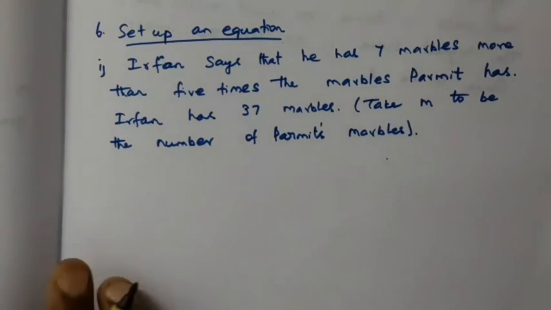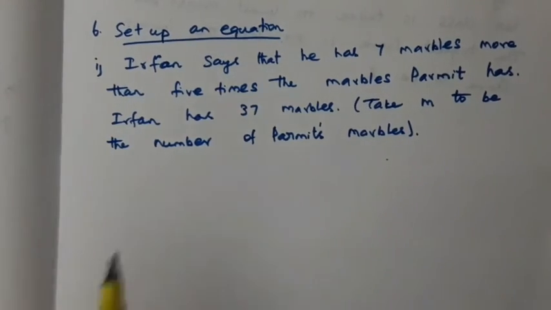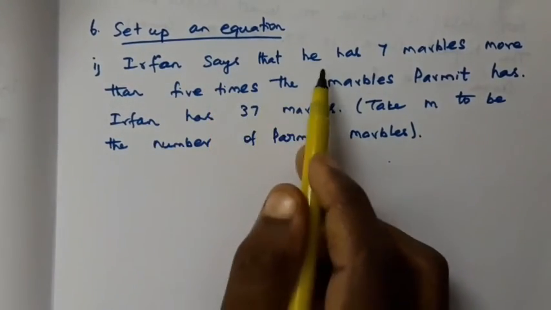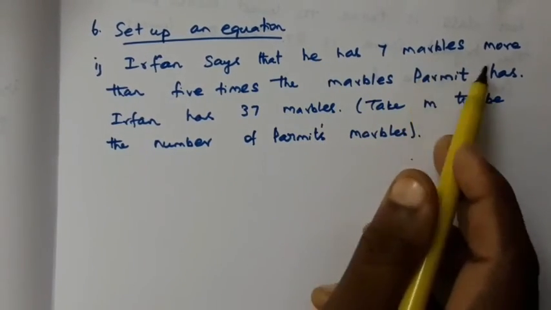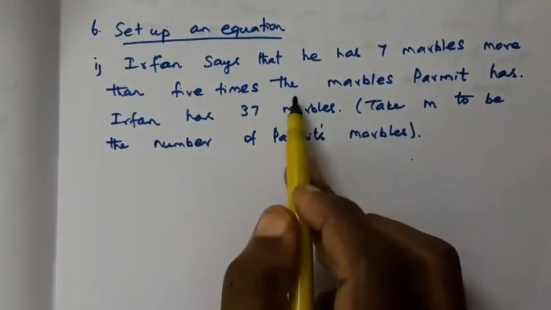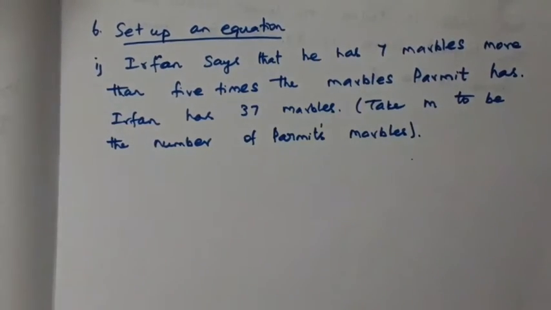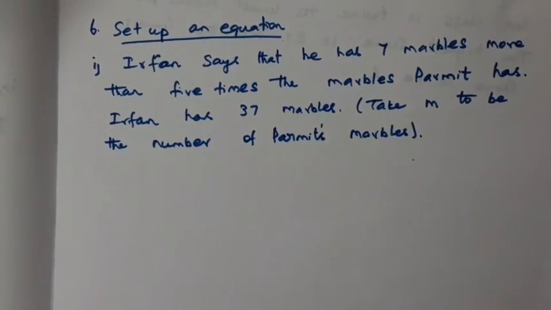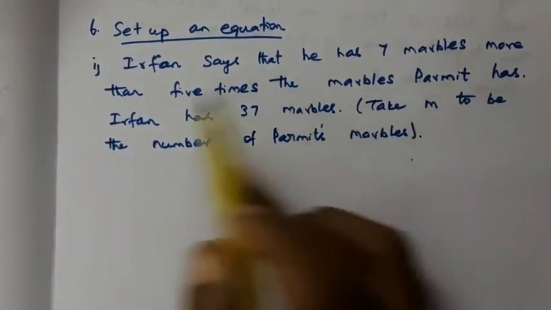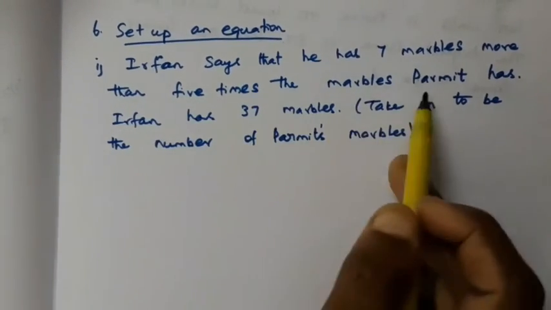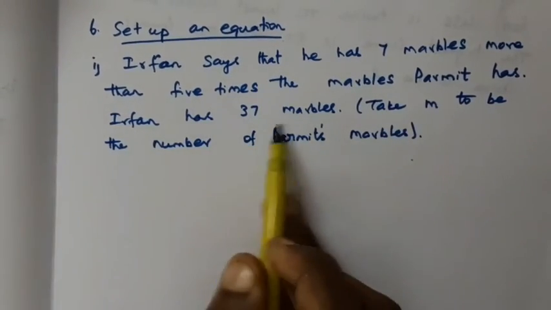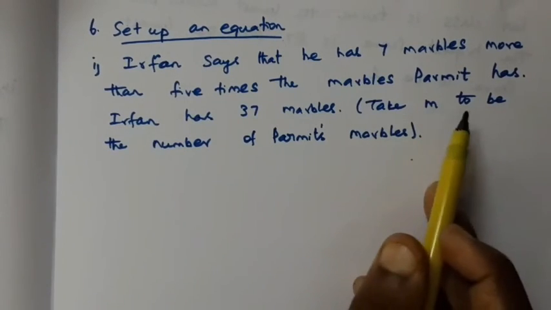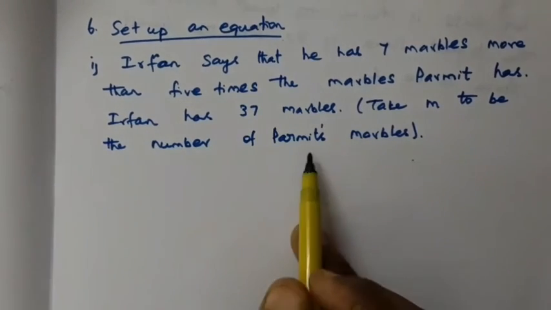Next problem is you have to set up an equation for these statements. Irfan says that he has 7 marbles more than 5 times the marbles Parmit has. Irfan has 37 marbles. Let m be the number of marbles Parmit has.